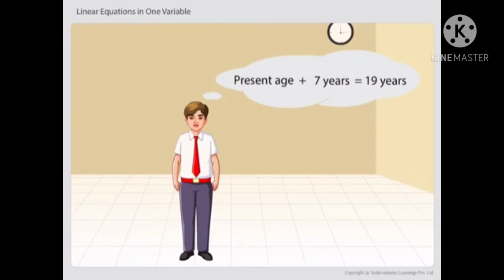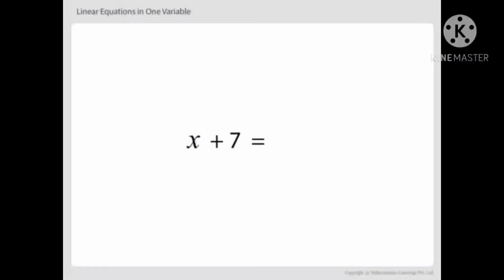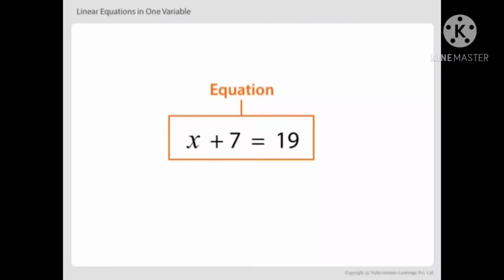So far, Ram's present age is unknown, or as we call it in the language of mathematics, a variable x. Now we have the relation x plus 7 equals 19. This is called an equation. Why is x plus 7 equals 19 an equation?